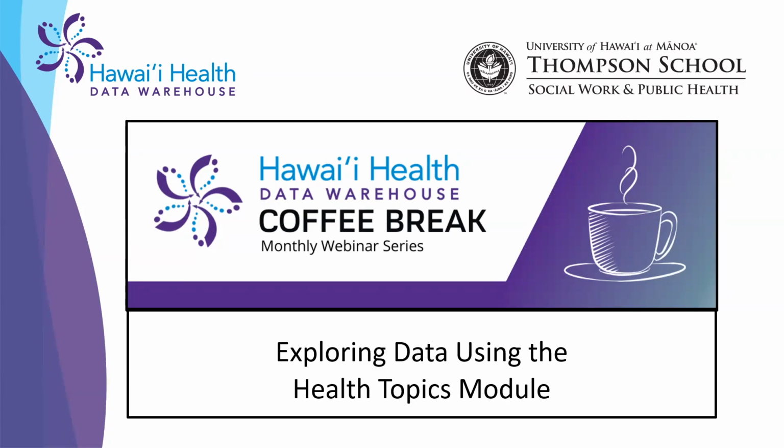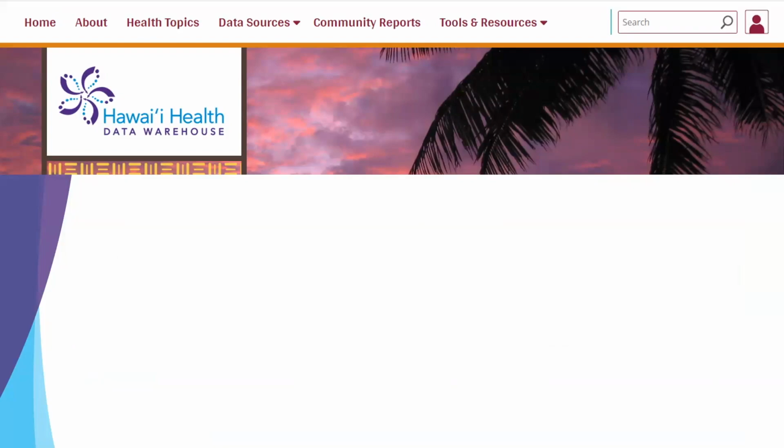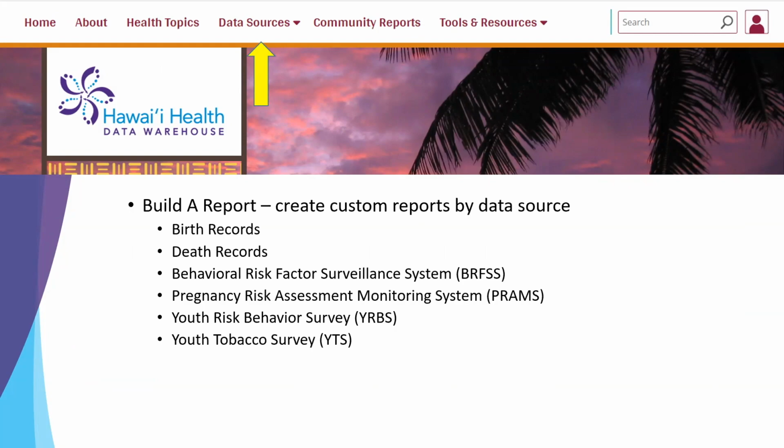And we're going to use the next 30 minutes to review the Health Topics module in hhdw.org. In the previous coffee breaks, we've reviewed different ways of searching data on hhdw.org and hawaiihealthmatters.org. We've discussed going straight to the data source to build your own report, and the data sources available on hhdw.org are birth records, death records, the Behavioral Risk Factor Surveillance System, the Pregnancy Risk Assessment Monitoring System, the Youth Risk Behavior Survey, and the Youth Tobacco Survey.